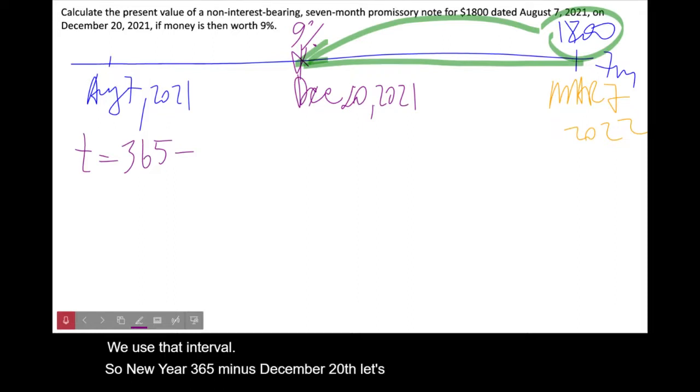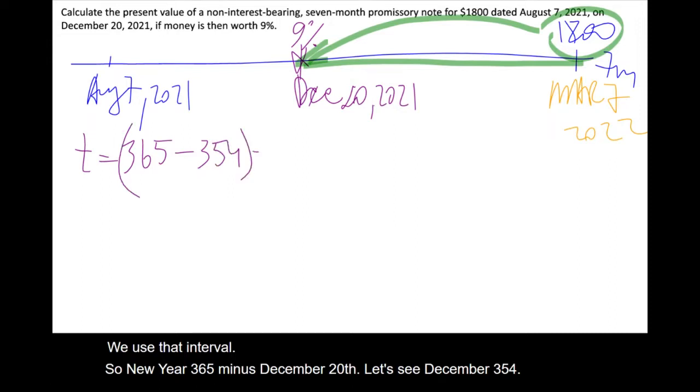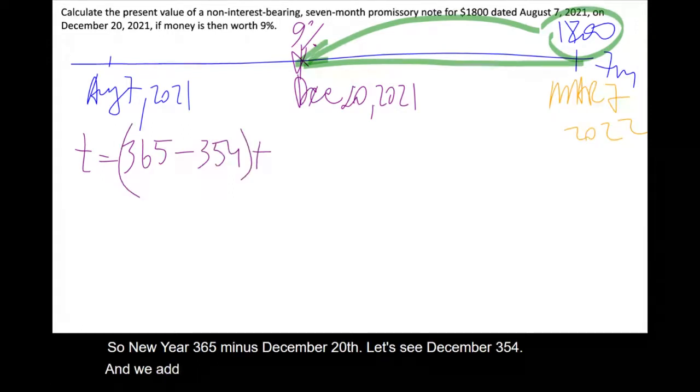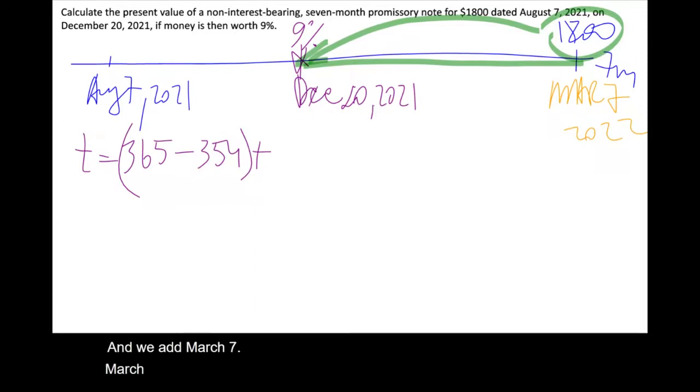So new year 365 minus December 20th. Let's see, December 354. And we add March 7. March 7 will be 66. So 365 minus 354 plus 66 is 77.